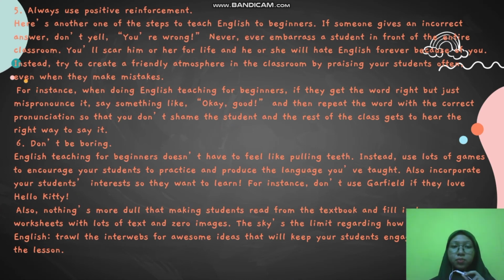Fifth, always use positive reinforcement. Here's another one of the steps to teach English to beginners. If someone gives an incorrect answer, don't yell, you are wrong. Never ever embarrass a student in front of the entire classroom. You will scare him or her for life, and he or she will hate English forever because of you.